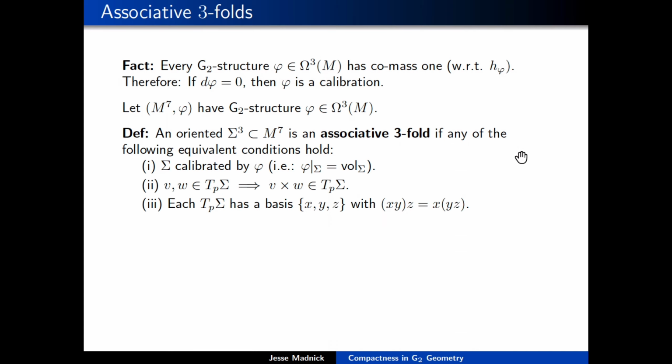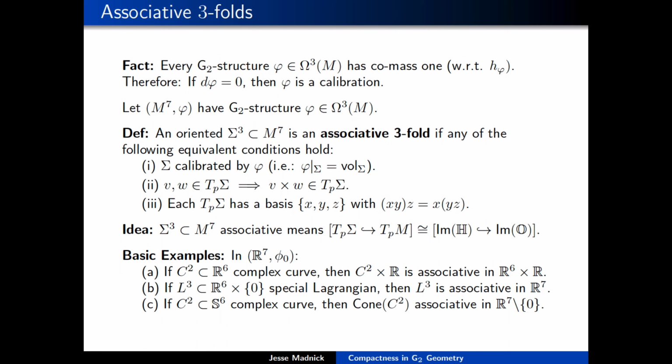That's equivalent. Another equivalent condition is this: every tangent space to sigma has a basis that associates. So a basis x, y, z such that xy times z is x times yz. Here, this is the product of octonions. We're thinking of the tangent space to M as a copy of the imaginary octonions, and that's what we mean by this product here.